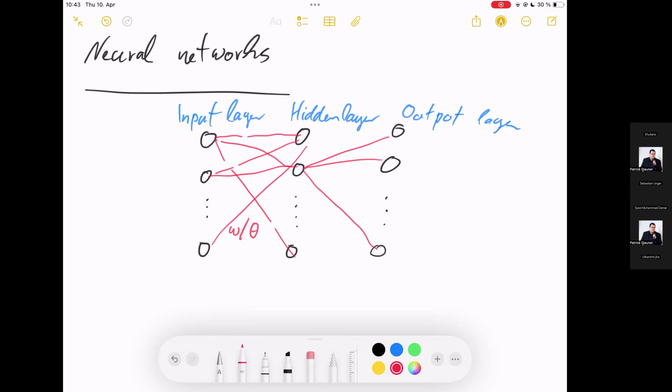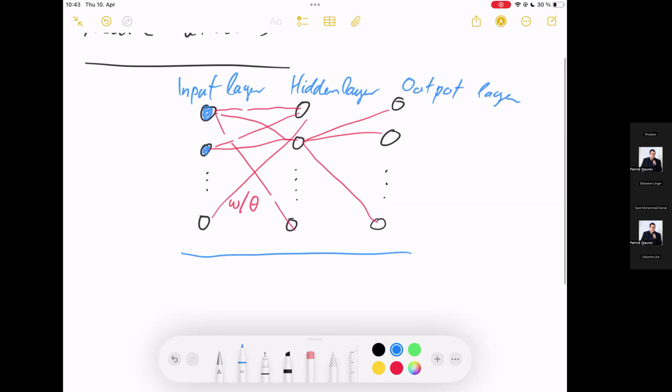And now I have these input values, and I want to calculate what the output values are. For this, I need to do a forward propagation. For example, to compute the value of this unit, I need to take one of the input values and multiply it with the corresponding weight.